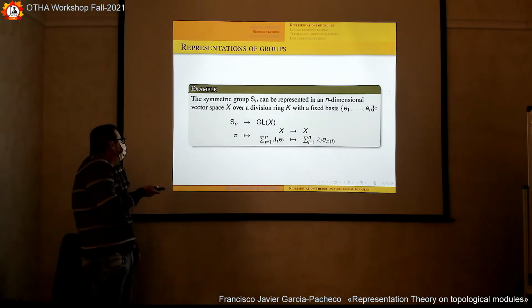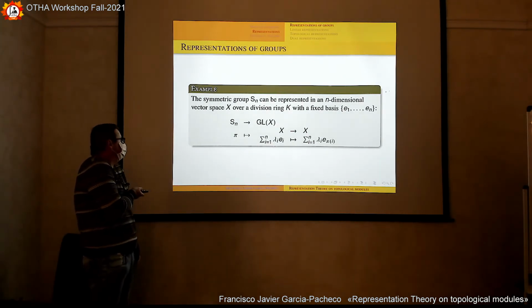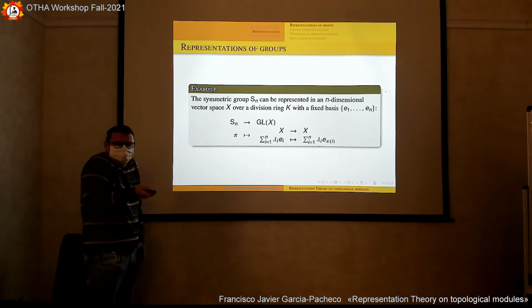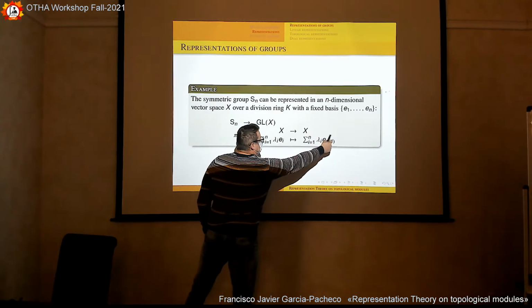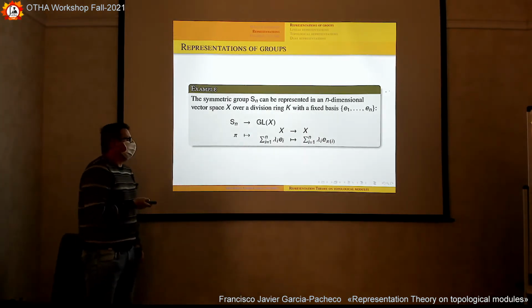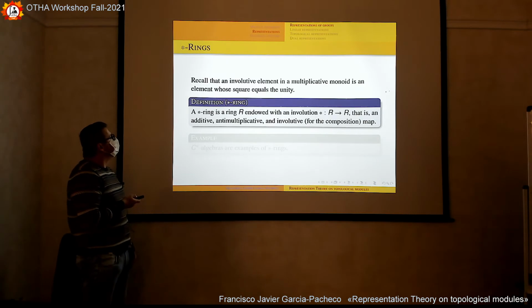A typical example is the symmetric group represented in the general linear group. It's a classical representation by permuting a fixed basis. Now, star rings.